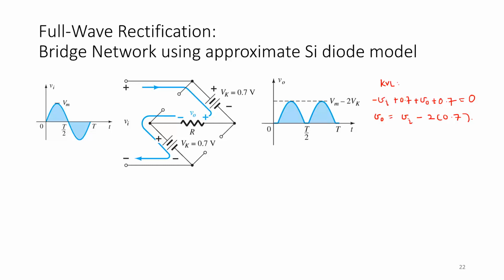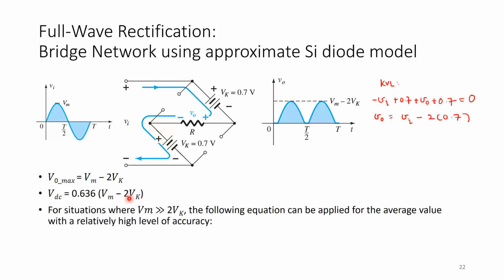In general, if we are considering the maximum voltage, Vout max occurs when Vin is max, which is Vm minus 2 times the forward voltage. And the average DC value is going to be 0.636 times the maximum voltage of the output, which is Vm minus 2 times the forward voltage.